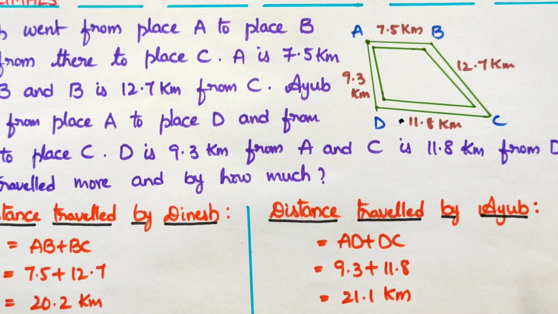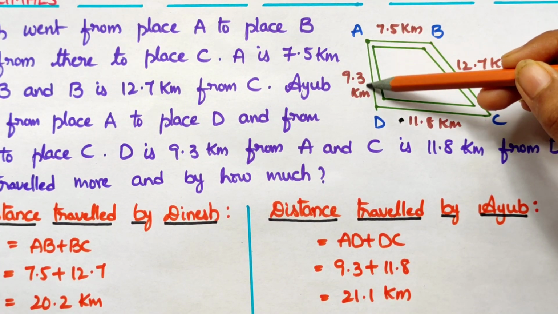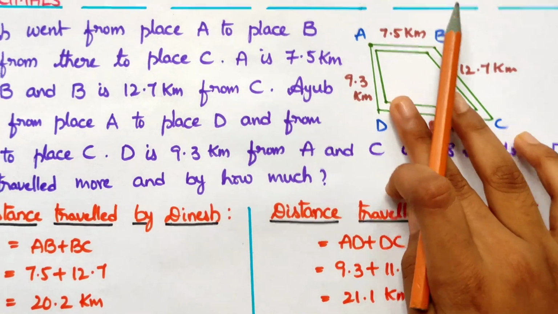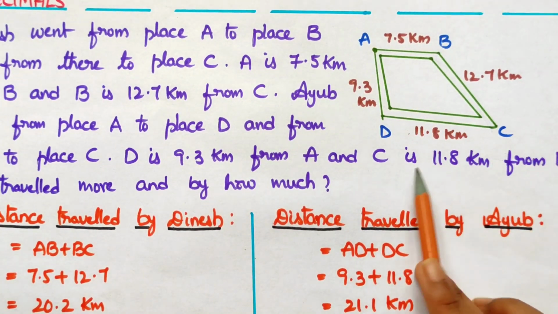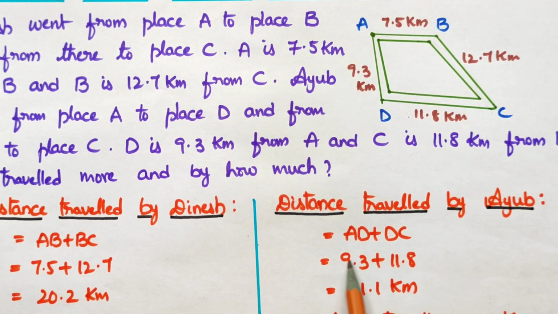AD plus DC. AD is 9.3 kilometer plus DC is 11.8 kilometer. Now by adding 9.3 and 11.8, we get 21.1 kilometer.